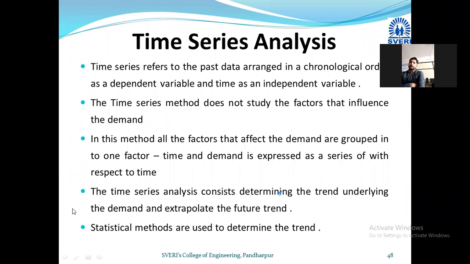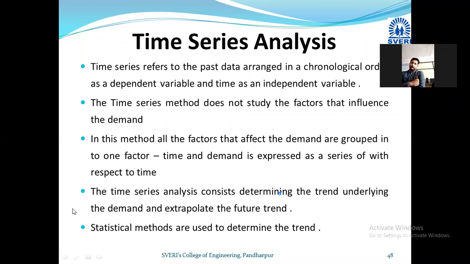In this method, all the factors that affect the demand are grouped into one factor, and which is that factor?